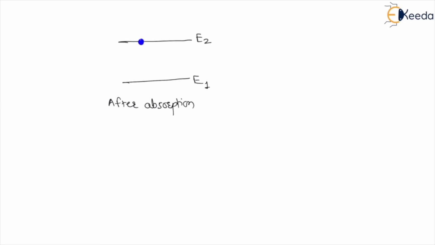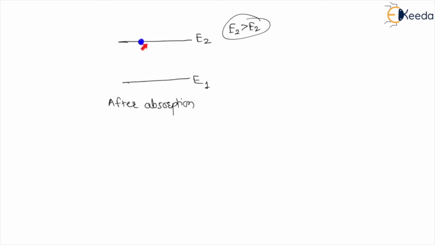Now my dear students, any atom always tries to move from a high level to a low energy level. This electron is at the higher energy level, that is E2 is more than E1, but the motion of any atom is always from high energy to low energy, which means this atom or electron is unstable here, right?